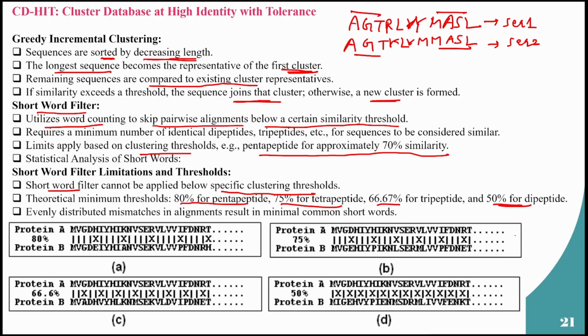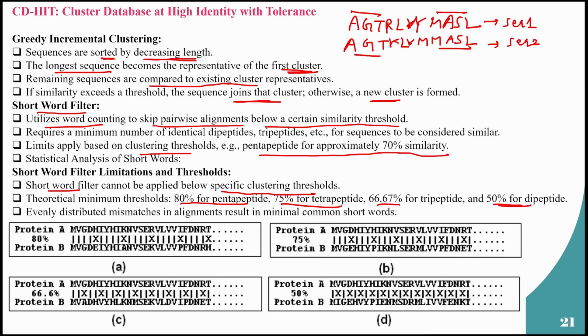Now, why can't you apply the particular word filter below a certain threshold? Let's look at the examples given here. You are trying to match a certain number of characters as words between two sequences, right?